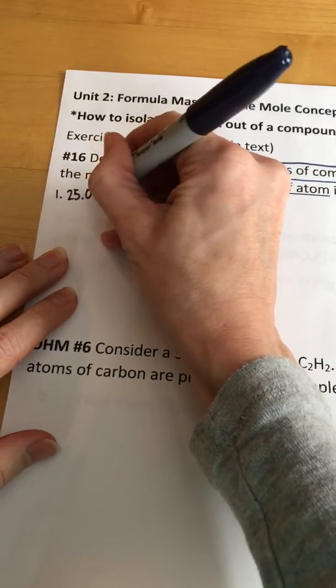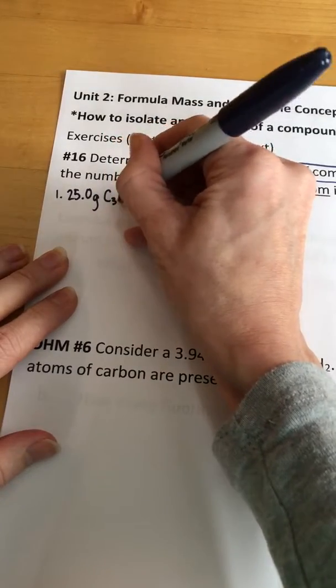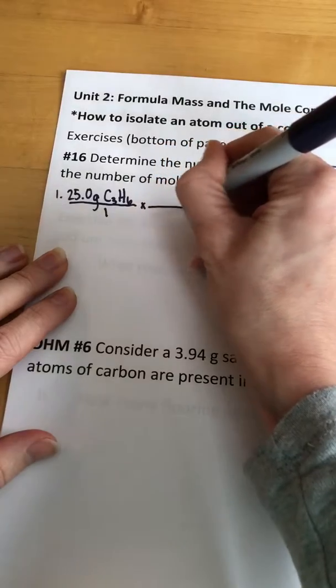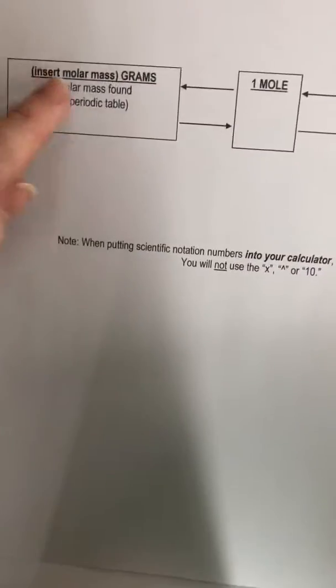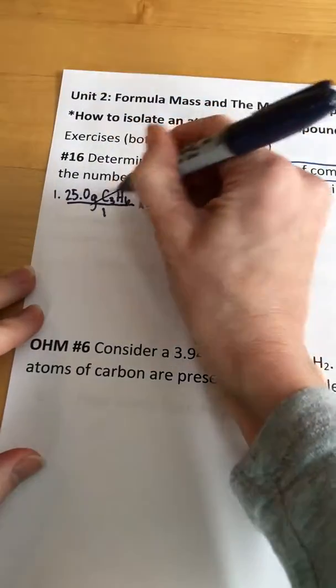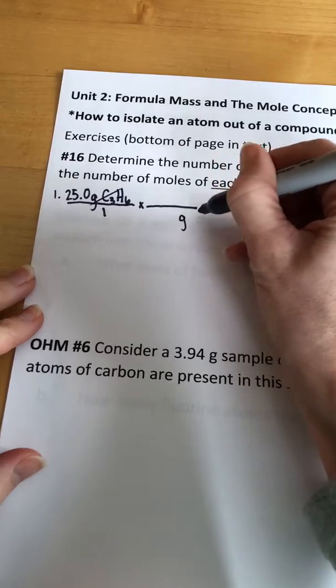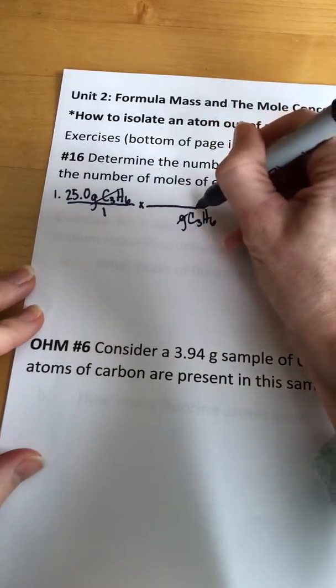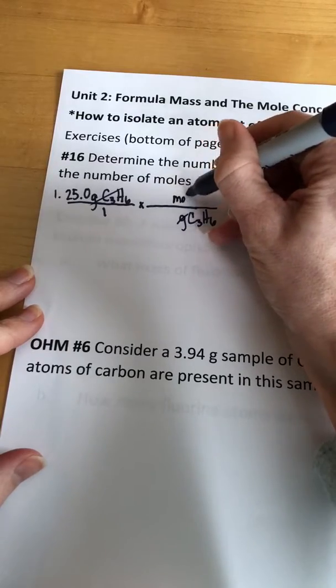So we had 25 grams of C3H6. I'm going to be converting grams to moles. As per the mole conversion chart, grams to moles can be done in one step. Grams is on top, so I'm going to put grams on the bottom to cancel out. And since they're next to each other, that can be done in one step.